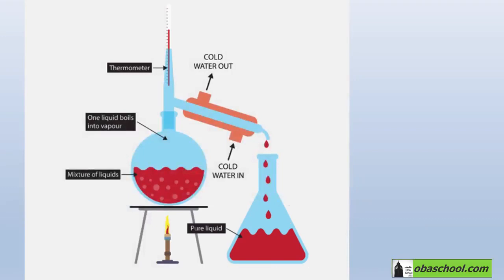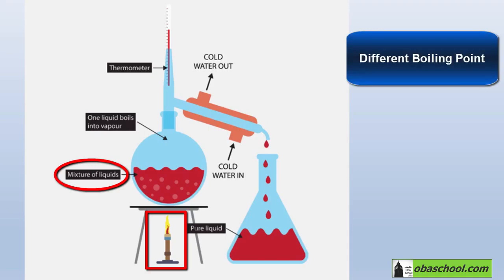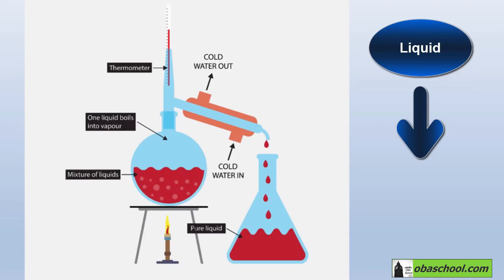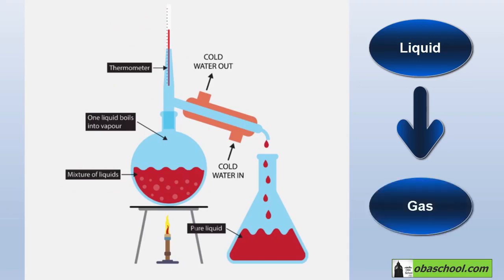So again, you will place the mixture of liquids here and you will start heating until boiling. And because this is a mixture of liquids, each liquid of them will have a specific boiling point. When the temperature reaches this boiling point, this liquid, let's say liquid 1, will start to boil, and during boiling, this liquid will change from the liquid phase to the gaseous phase, and then it will become vapor.